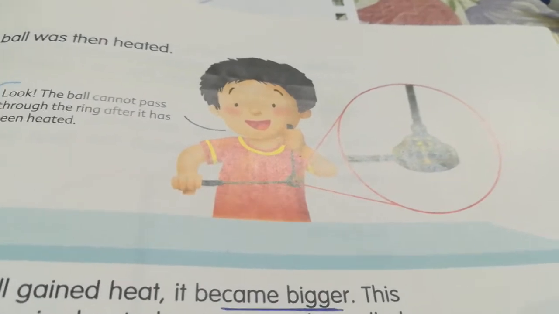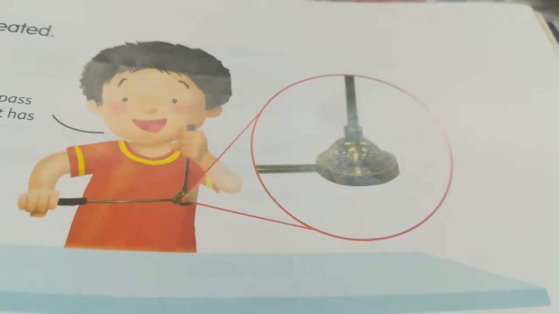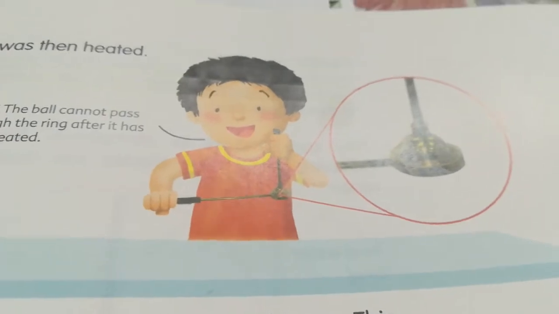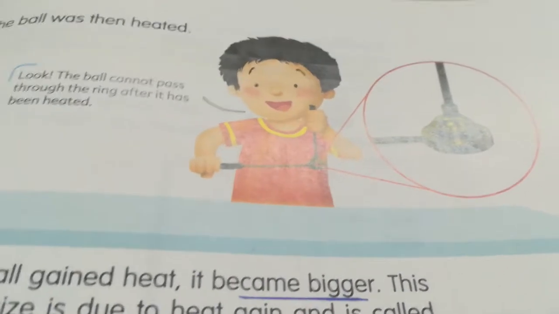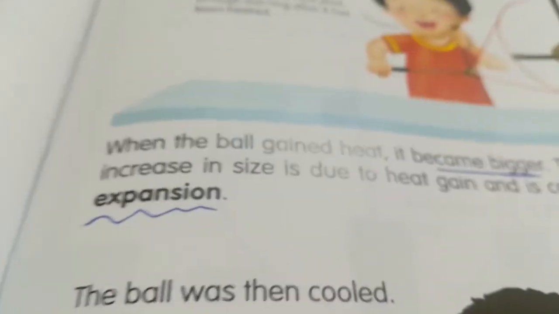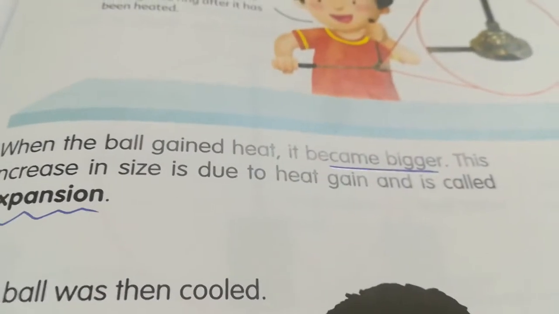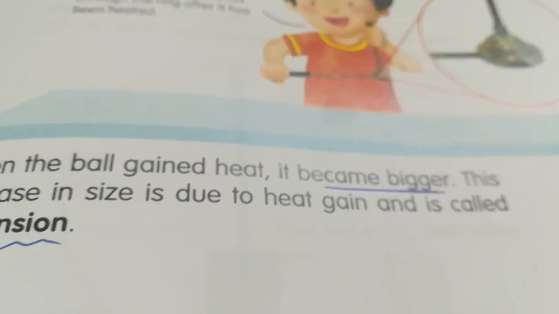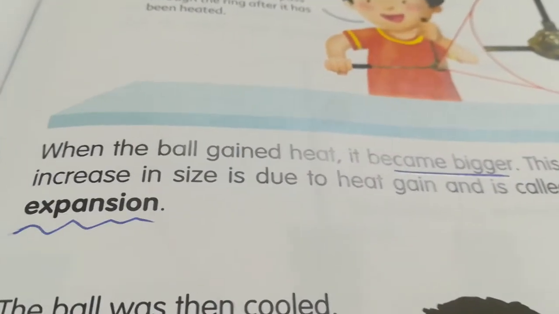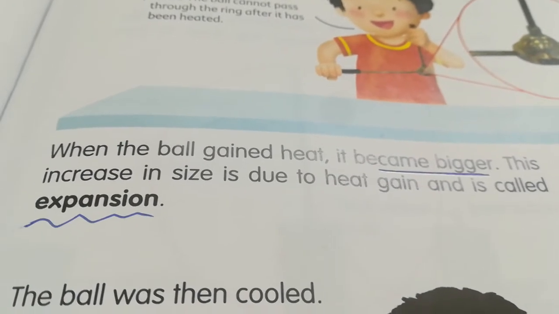To explain this experiment, as the ball is heated, its size becomes bigger and it expanded, so it can't pass through the ring. When the ball gained heat, it became bigger. This increase in size due to heat gain is called expansion.